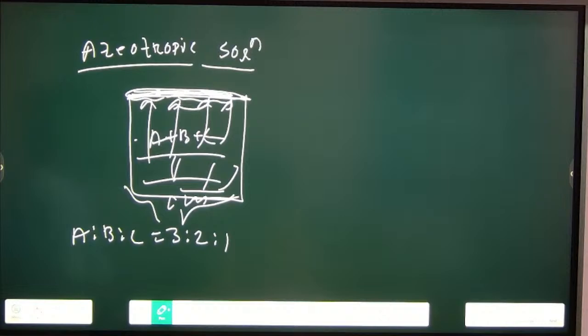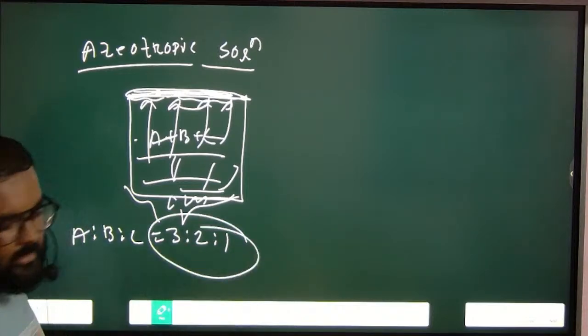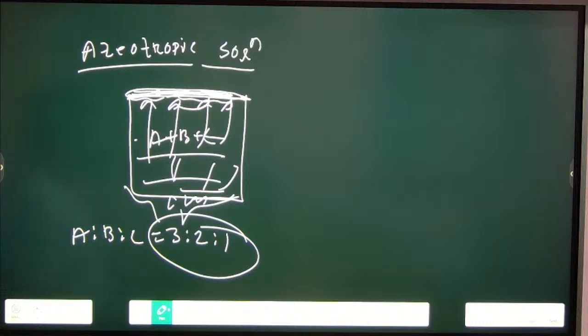This process is known as condensation. And then if we check the ratio of A, B and C in that mixture after condensation, and the ratio remains the same, then these types of solutions are known as azeotropic solutions. Clear?